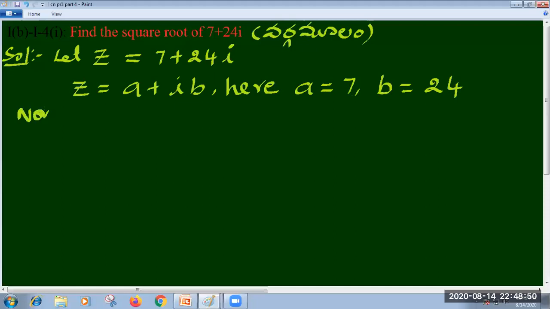Now let us find the r value, that is under root a square plus b square.